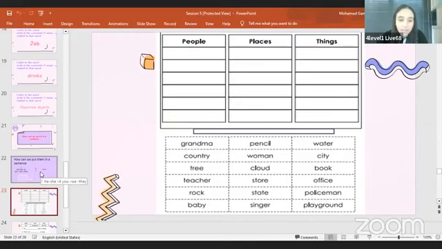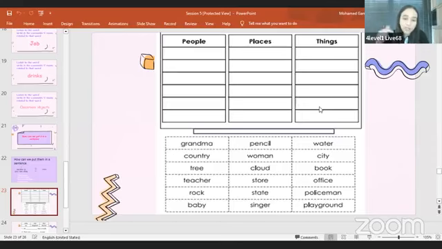So let's have an exercise about nouns. Here, put nouns that are related to people, and then nouns that are related to places, and the last thing is nouns that are related to things.